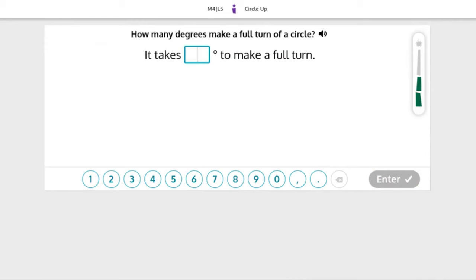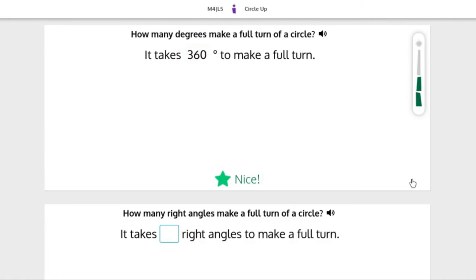Okay. How many degrees does it take to make a full turn of a circle? And this is something you just need to know, right? It takes 360 degrees to make a full circle. 360 degrees. Okay, because that would be 90, 90, 90, 90. 90, 180, 270, 360. Nice.